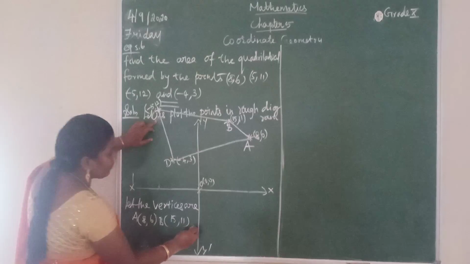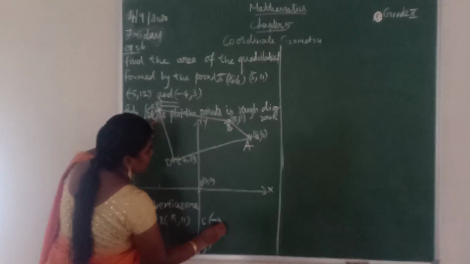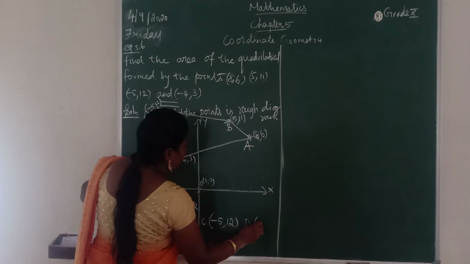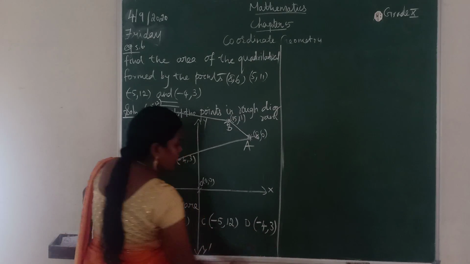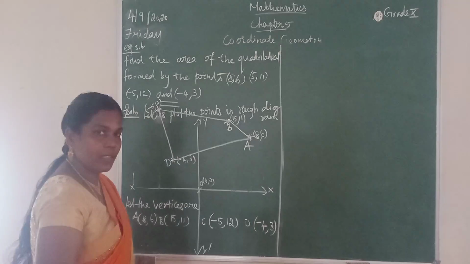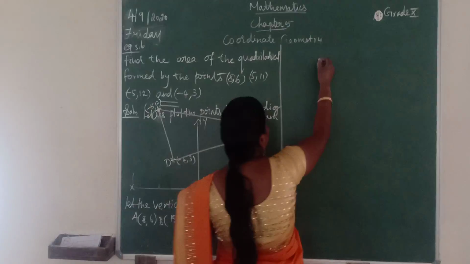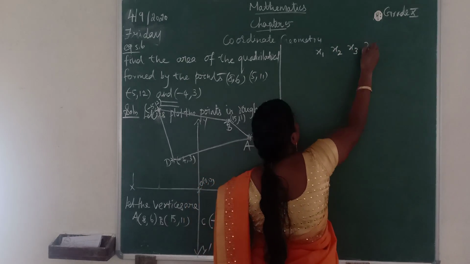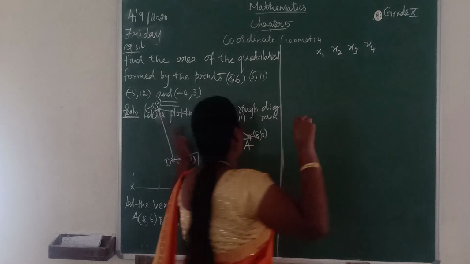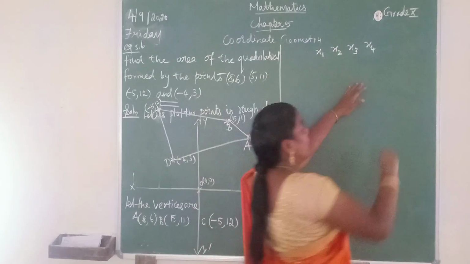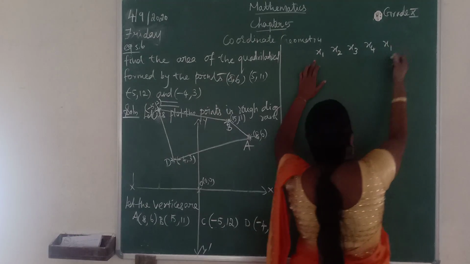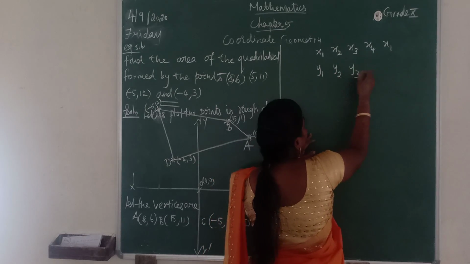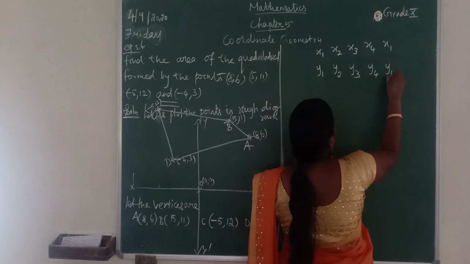To make it easy to write the formula, first write x1, x2, x3, x4, and then x1 once more. Similarly the y coordinates y1, y2, y3, y4, y1.